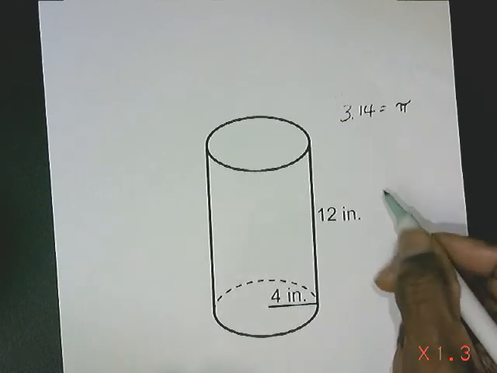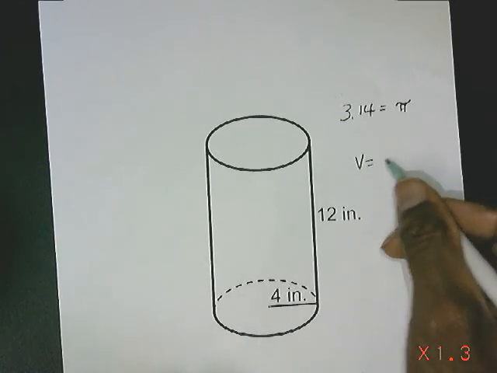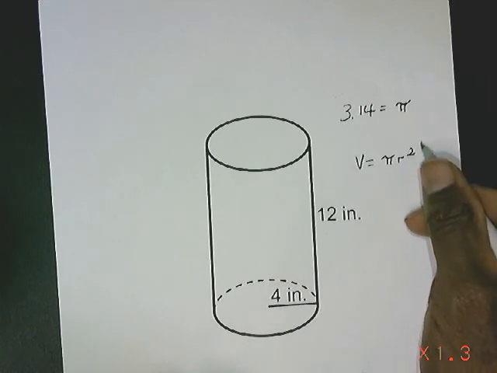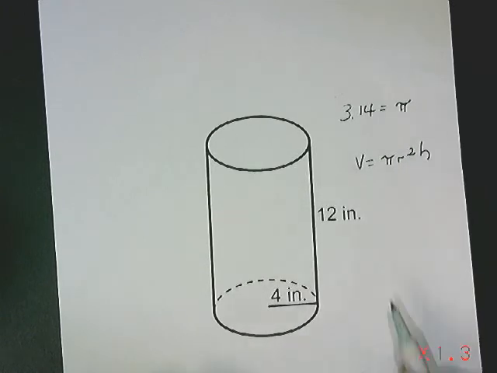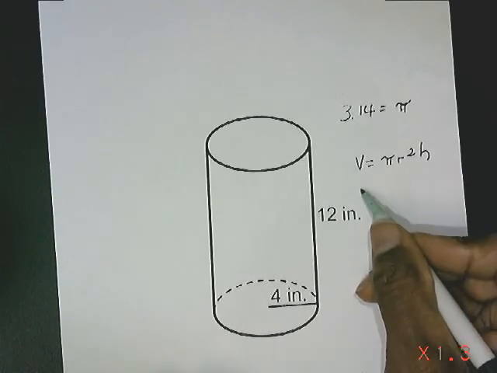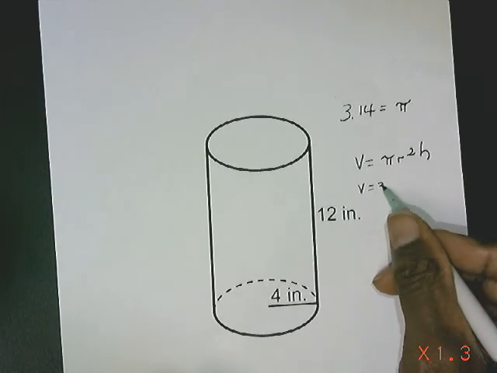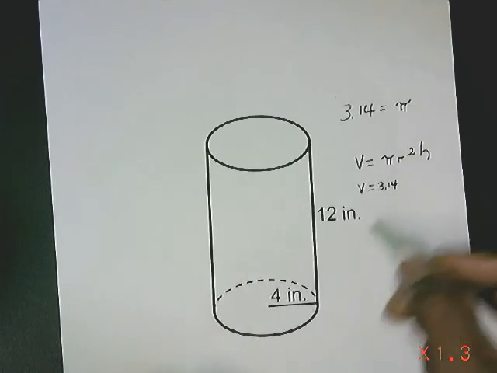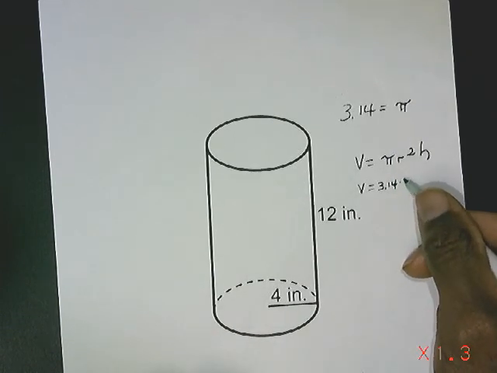The formula: V is equal to pi r squared times H. We're going to substitute our values. V is equal to 3.14 times the radius. The radius is 4 inches. I'm going to use a multiplication dot.